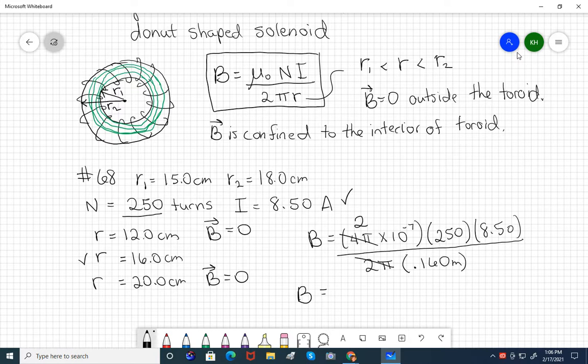And my magnetic field came out to be 2.66 times 10 to the negative 3 Tesla. I went ahead and put it in scientific notation. I rounded it to my 3 significant digits. It's a reasonable looking magnetic field, so I feel good about that answer.